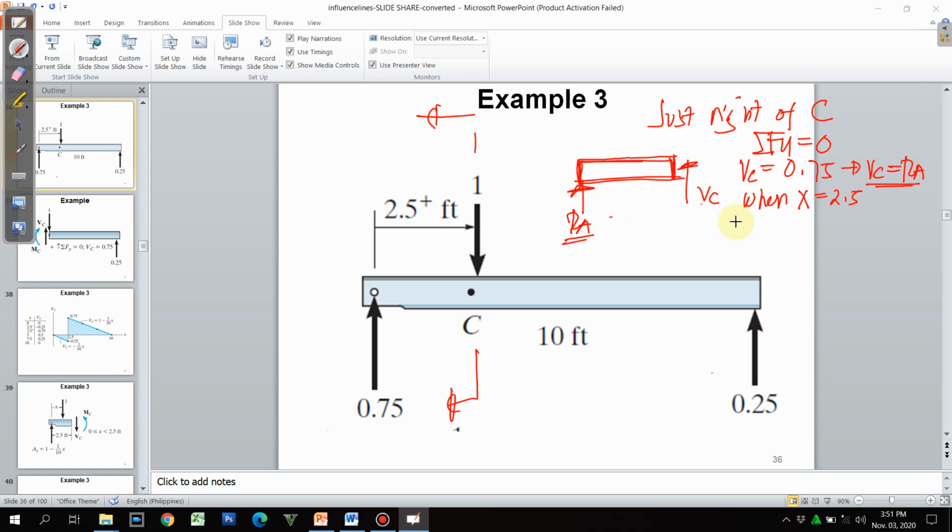So when x is 2.5, your shear at C is 0.75, which is also the value for RA. So we would want to represent your reaction at A by x so that we will have a more convenient solution. So this is 1, x, then 10 minus x, and this is RA.